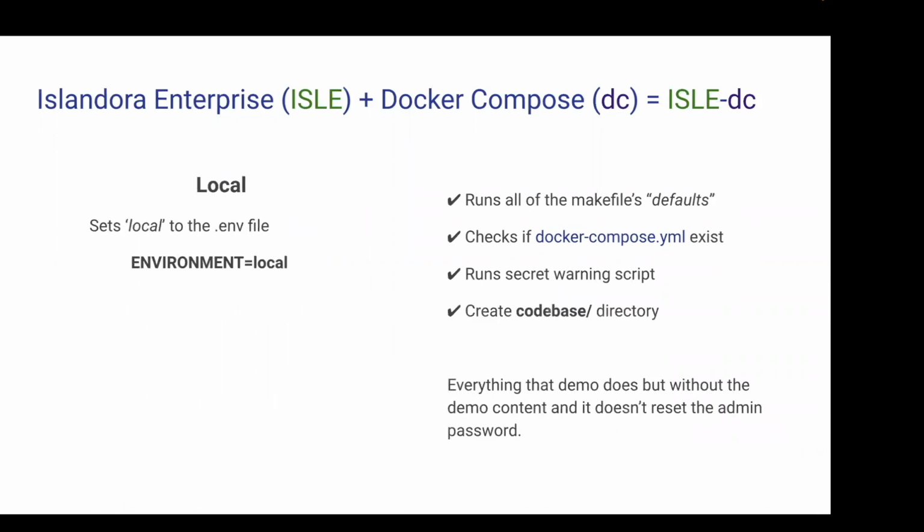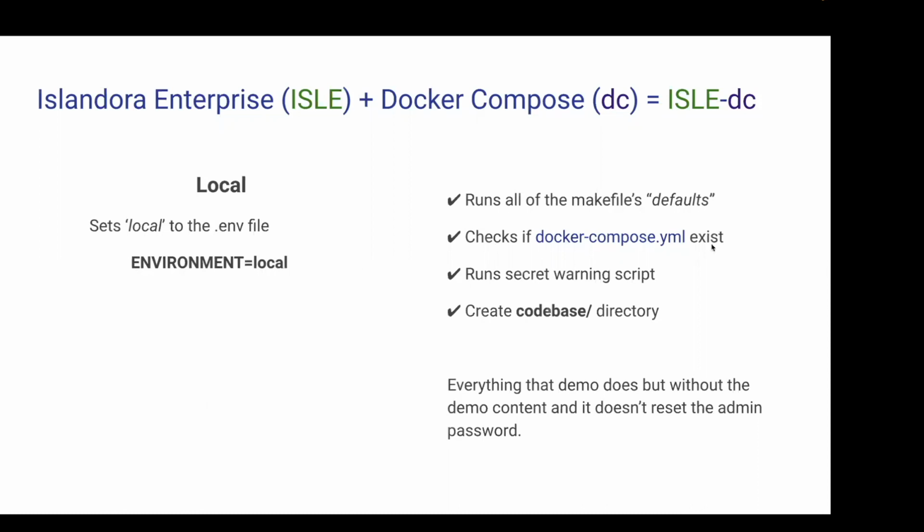So if you want to do just your local and not the demo, you can edit your .environment file, or if it doesn't exist, you copy sample.env to .env, just the .env file, and change the line, which is like 7 or 8 lines in, from environment equals demo to local.